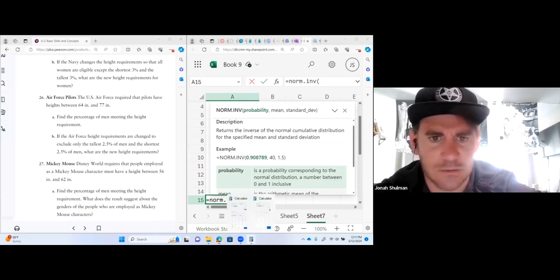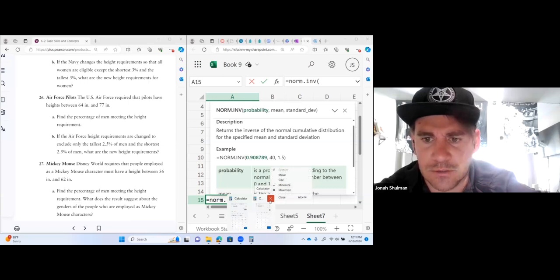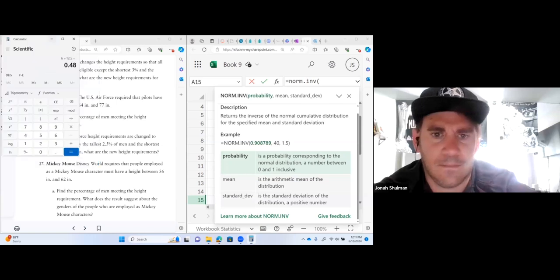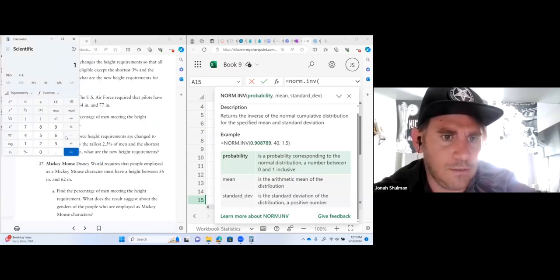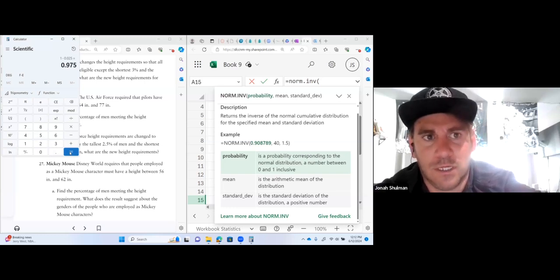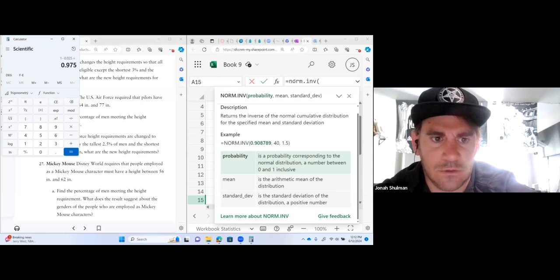So it's 1 minus 0.025, which is 0.975. So this is what we're looking at, 0.975.